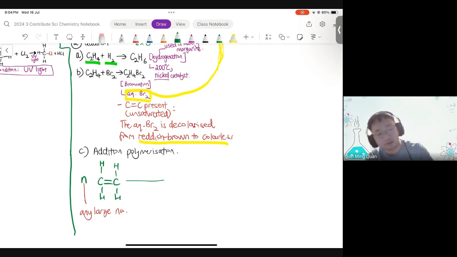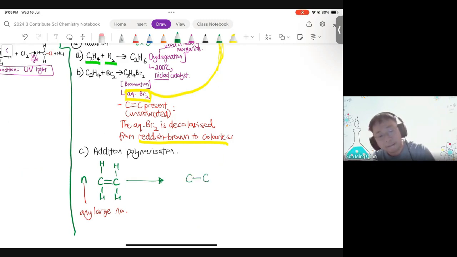What's gonna happen? Well, we can imagine addition might happen. How does it happen? They just join together like Lego bricks. The double bond is the glue that allows them to join together because the double bond can break. The double bond breaks left and right.